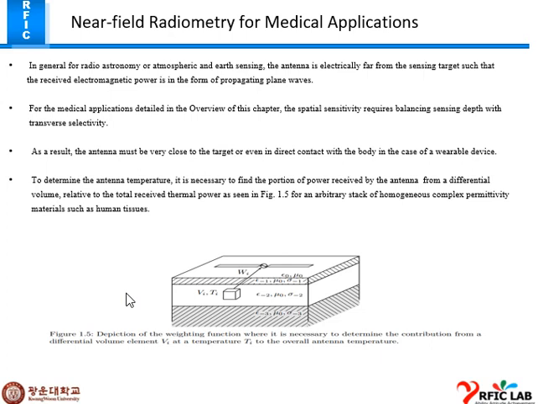Now you can see in this figure the distribution of the weighting function, where it is necessary to determine the contribution from a differential volume V at the temperature T to the overall antenna temperature.